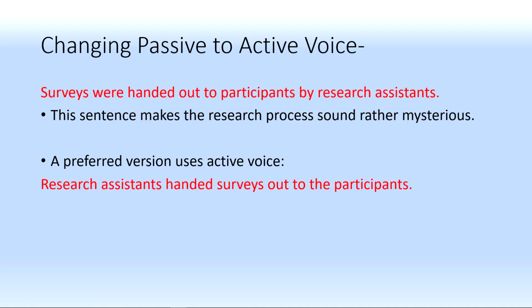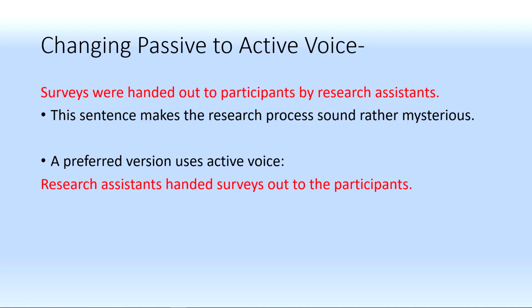So here's some more. Surveys were handed out to participants by research assistants, right? This sentence makes the research process sound rather mysterious, as it says, surveys were handed out. So the surveys were handing out to the participants by research assistants. You're saying that the surveys were actually handing it out. This is what you're saying. So it's really not clear.